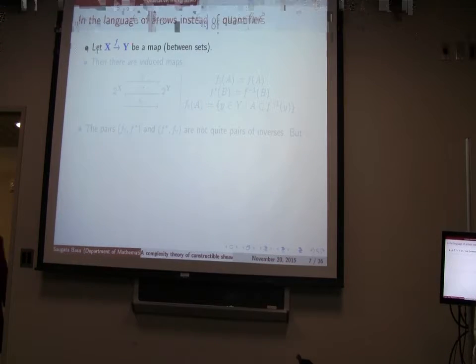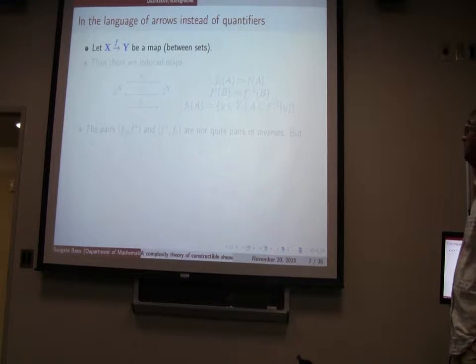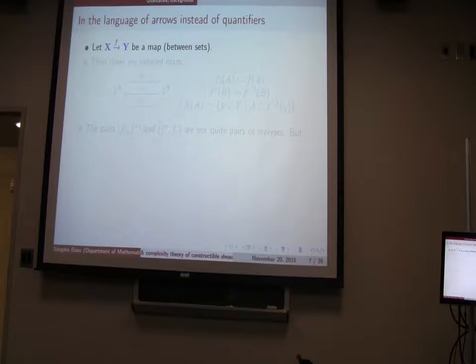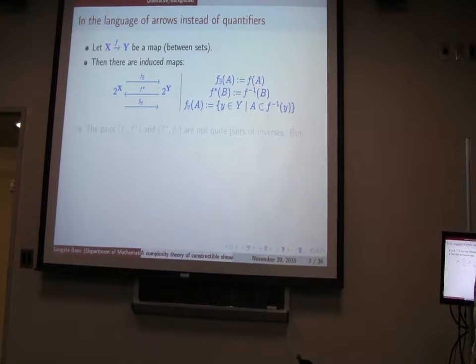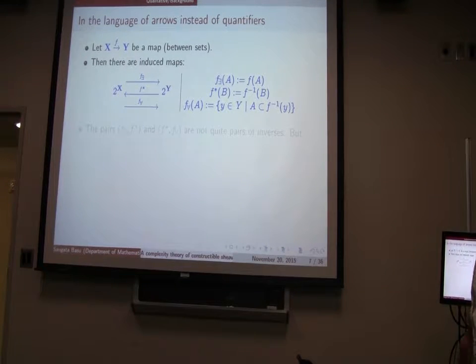So, if f is any map between two sets, then of course there are these induced maps between the power sets of X and the power set of Y, where the middle one is just taking the inverse image, and the two that go in this direction correspond to the existential and the universal quantifiers. Well, that's the definition of these things.